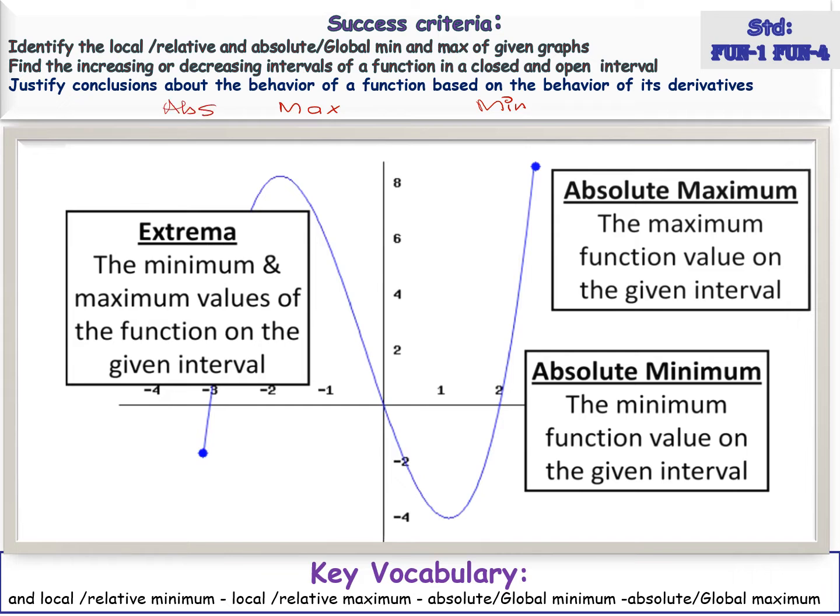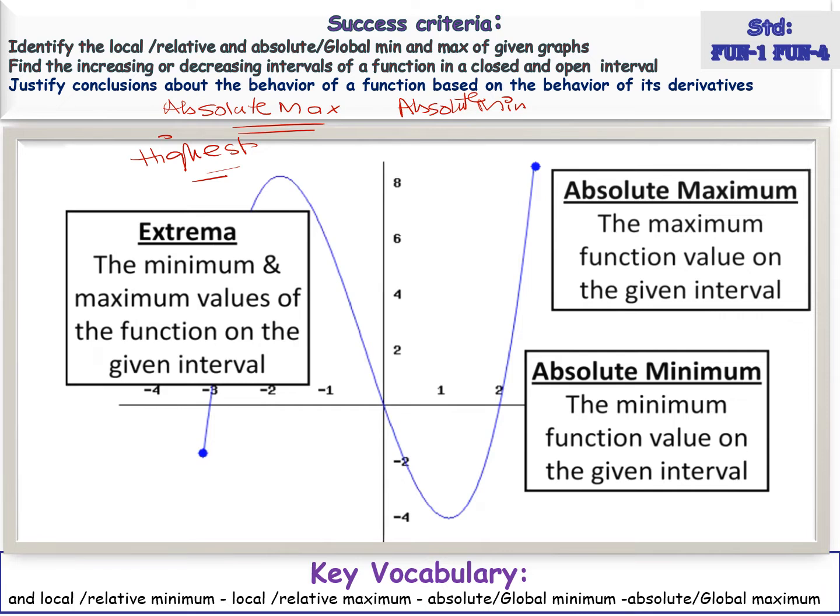The other name for absolute maximum and absolute minimum is global maximum or global minimum. An absolute maximum refers to the highest point of the graph, no matter wherever you can find it, but it has to be included and the interval should be closed.